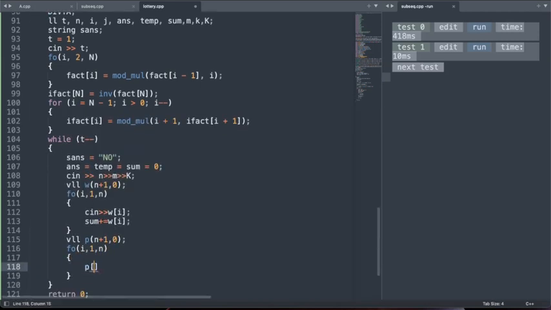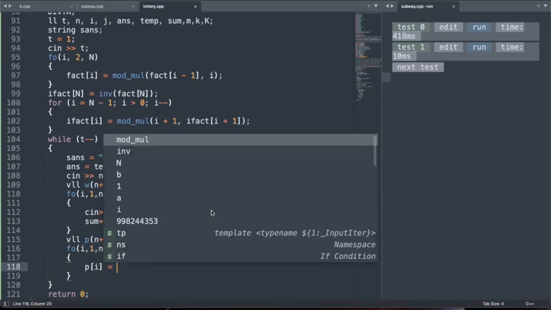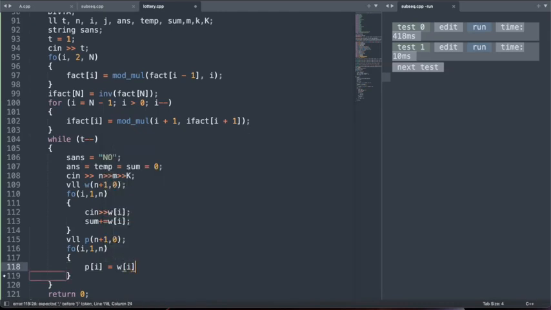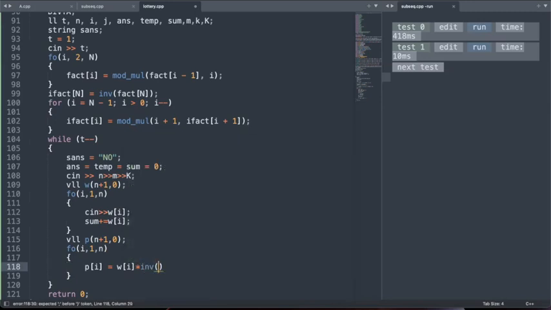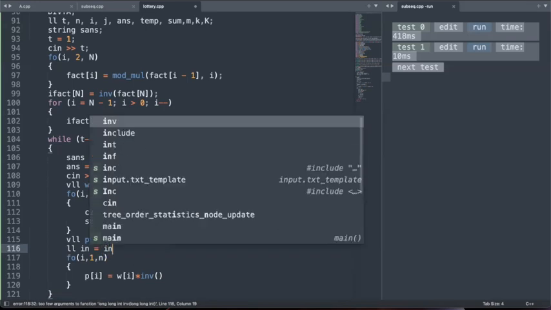So probability of I modulo this number is going to be W of I divided by sum, and division under modulo is the same as multiplication by the modular inverse. So it's going to be Wi times the modular inverse of sum. One thing we can do is pre-compute this modular inverse.